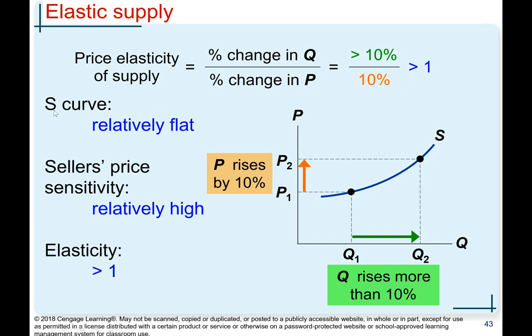And that means supply is relatively flat. This line is relatively flat. Seller's price sensitivity is high or elastic. Sellers are sensitive to price changes. And elasticity is greater than 1.